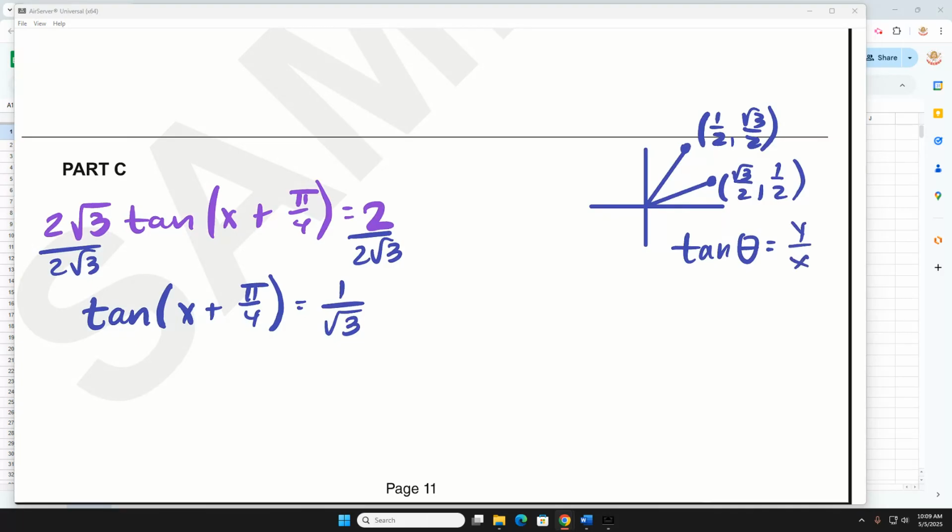Both of those are 100% true. And so I want to do a y divided by an x, and I end up with 1 over the square root of 3. If you notice, the square roots of 3 on your unit circle are in the numerator. But when I do y over x, the square root of 3 is in the denominator. So which one, the y or the x, needs to have the square root of 3 for it to get into the denominator? The x. So the answer is going to be pi over 6.